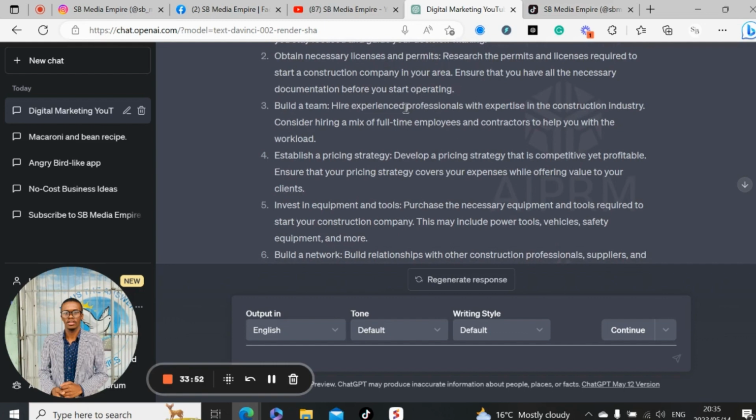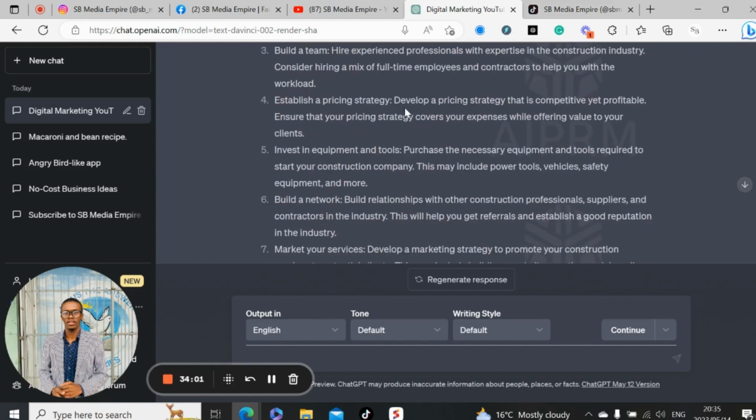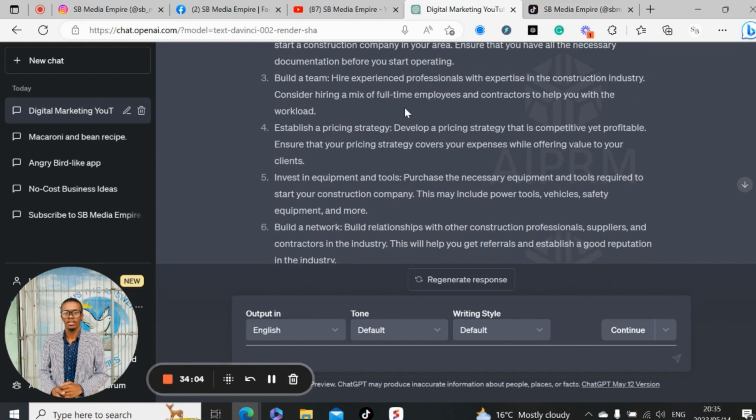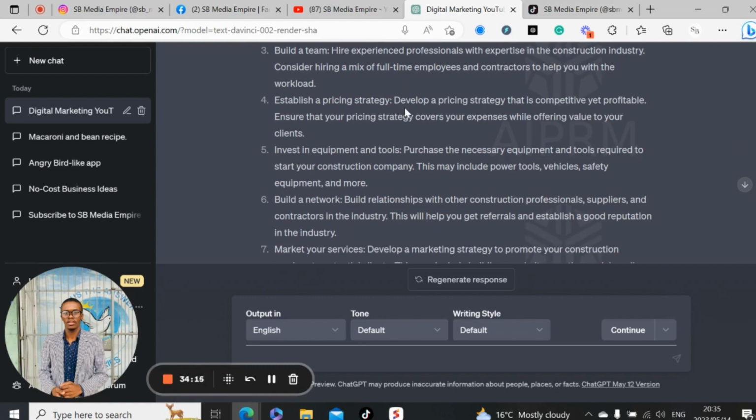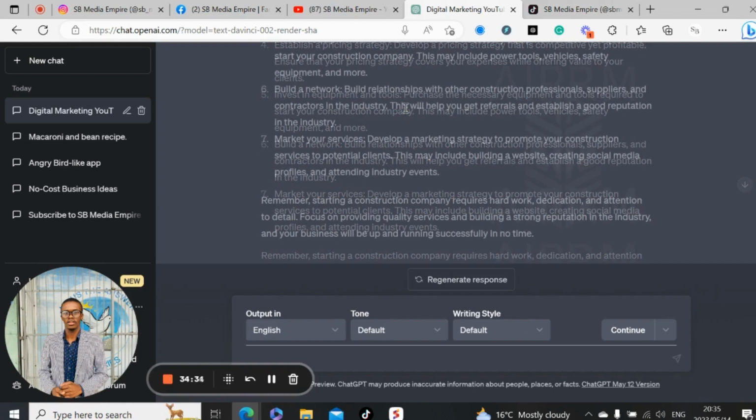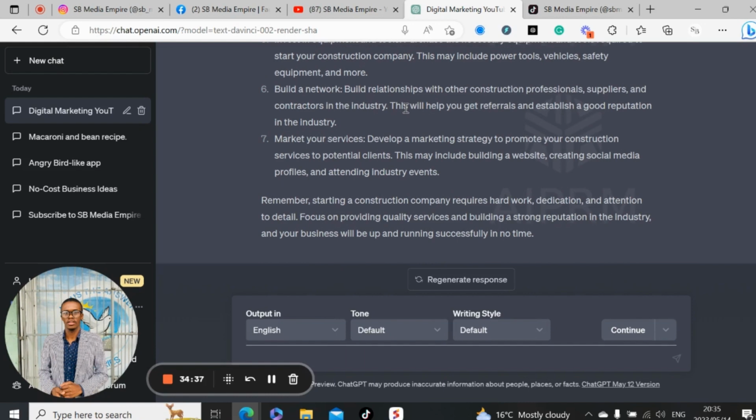Building a team is important for any business, because that's what a business is all about, right? A group of people that come together to create something, which in this case is a construction company. So establish a pricing strategy. It's true, because you need to invest in equipment and tools. The only ones I know, yeah, are 6 and 7, which are build a network and market your services.